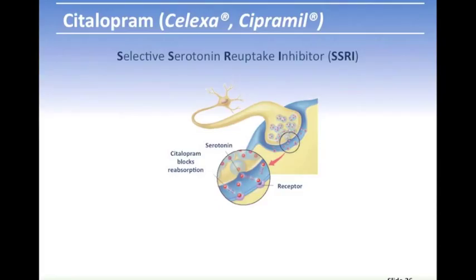Citalopram is a selective serotonin reuptake inhibitor, or SSRI. Its main function is that it inhibits the reuptake of serotonin at the synapse, therefore increasing the effective concentration of serotonin in the synapse.